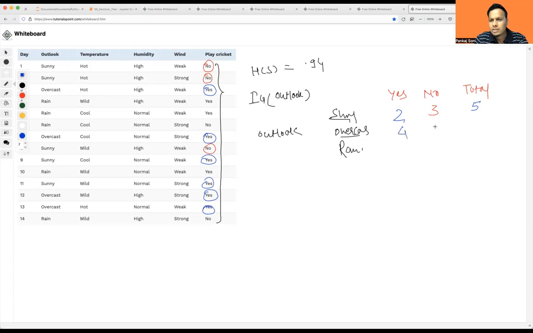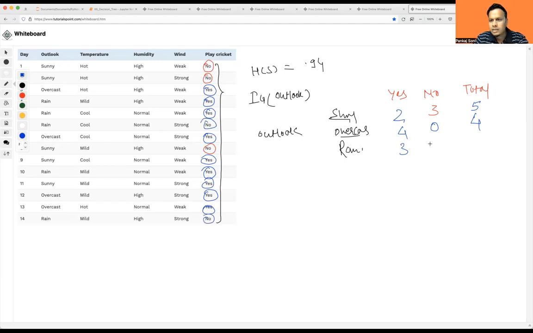So 4 yes and 0 no. Let me check if any no is there. No is 0 only, so the total is 4. Now we have rain. For rain, we have 3 yes, and total no is 1.